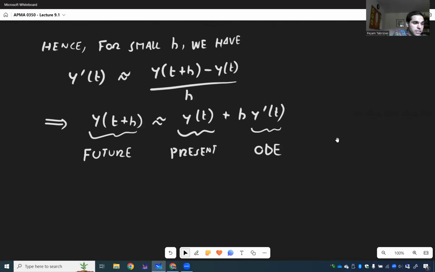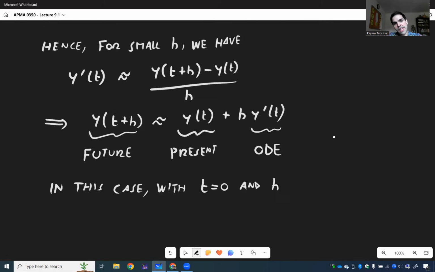And in fact, let's do this. In this case, with t equals 0, that's where we're at, the present, and h is 2, it goes from 0 to 2, so 2 units.